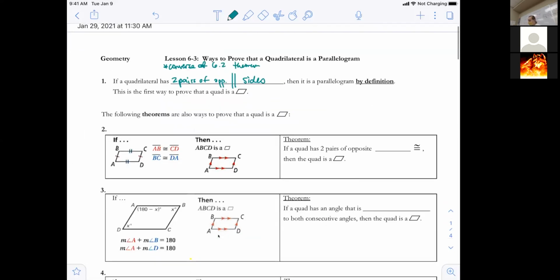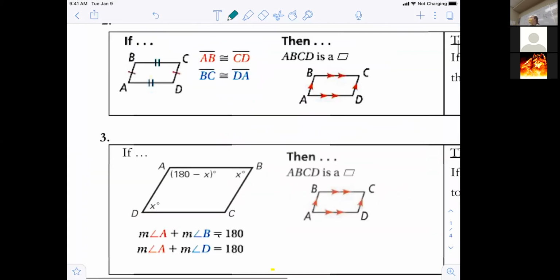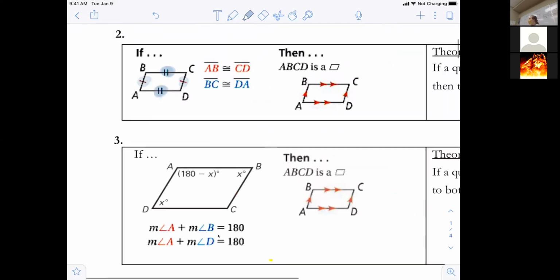The next ones are more ways to prove that a quadrilateral is a parallelogram. The first one's a definition. These are all theorems. So I've got a picture and then I've got the word definition. The first one says, if we know that AB is congruent to CD and we know that BC is congruent to AD, then we have a parallelogram.